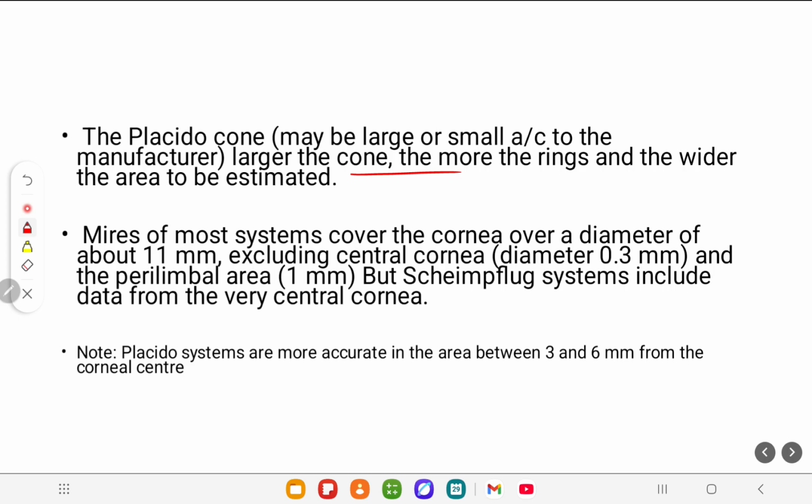Most systems cover the cornea over a diameter of 11 mm, which is fantastic, excluding only the 0.3 mm diameter of the very central cornea, and the prelimbal, so basically the limbal area of 1 mm is also excluded. But the Scheimpflug system includes data from the very central cornea. That's why the Scheimpflug system is superior, isn't it? Note Placido disc systems are more accurate in areas between 3 to 6 mm.